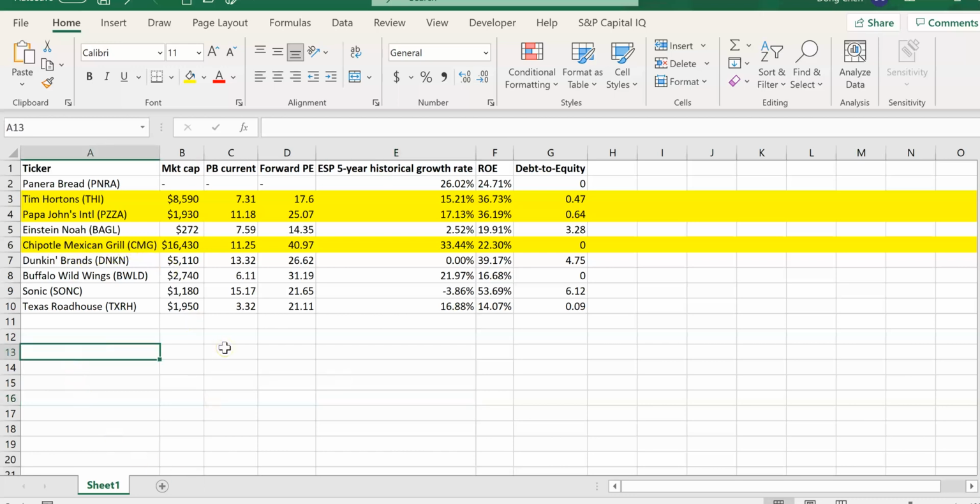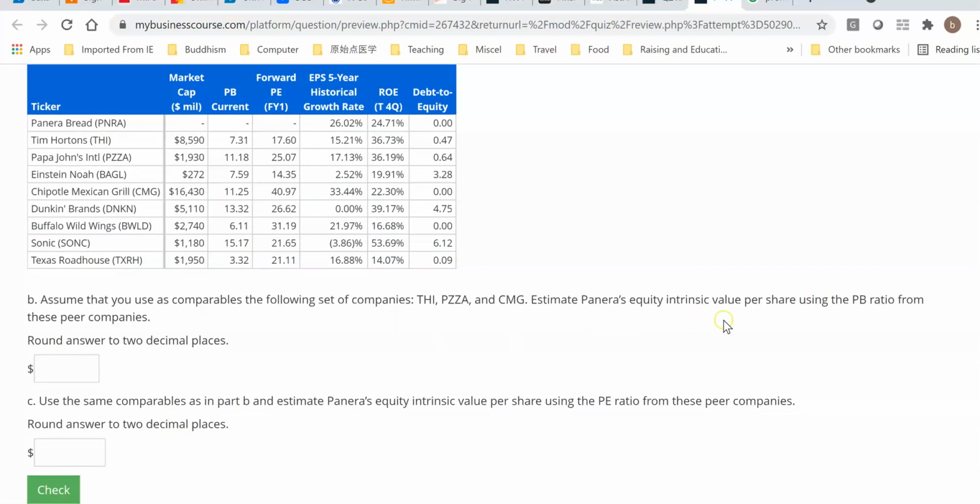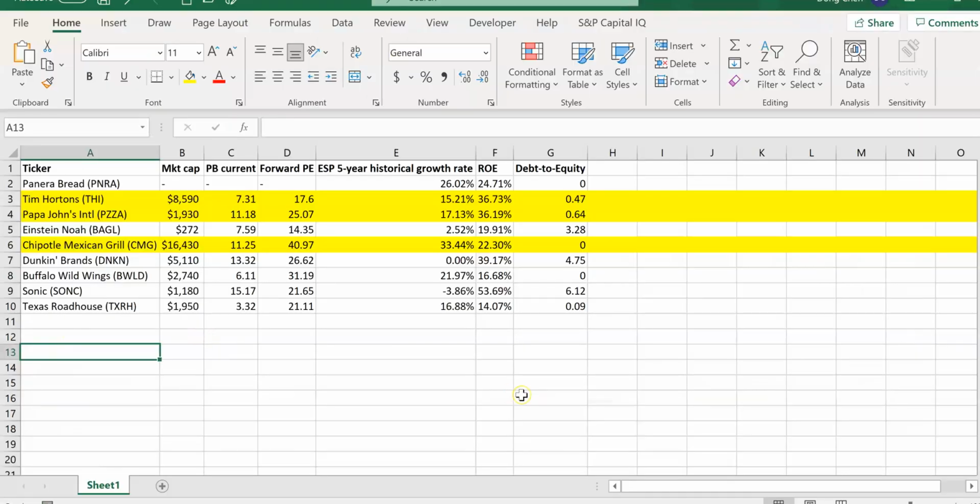So the first part of the question is asking us to use the PB ratio from the peer companies to estimate the intrinsic value of our focus company, Panera Bread. And notice the rounding requirement: round answer to 2 decimal places.